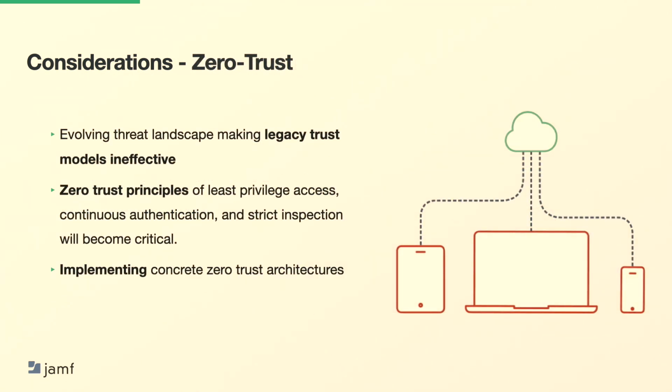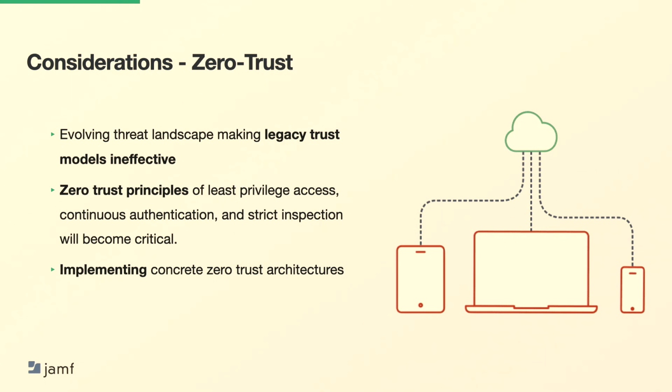And then finally, it goes back to one of the points that I mentioned when we were talking about cloud identity, which is zero trust. So the principle stays the same. Organizations are continuously evaluating and evolving with the rapid changes in technology, and legacy trust models are ineffective in essence.